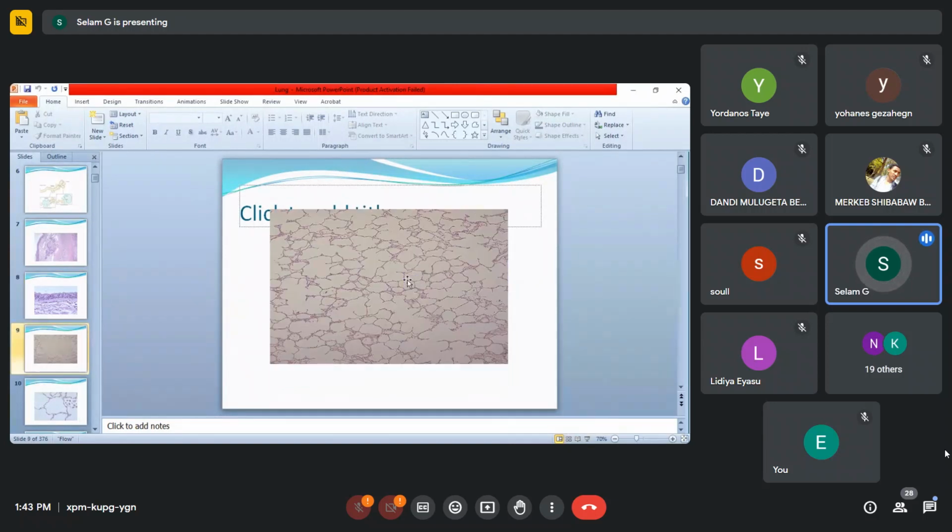Here you see the parenchyma of the lung, which forms the alveolar spaces, and these alveolar spaces are lined by a thin layer. This is important to maintain good oxygenation of the blood.